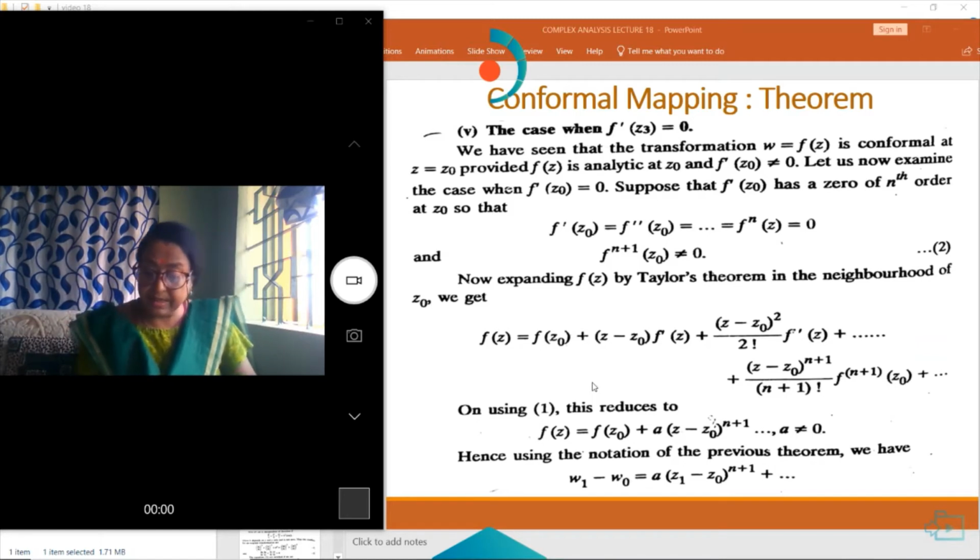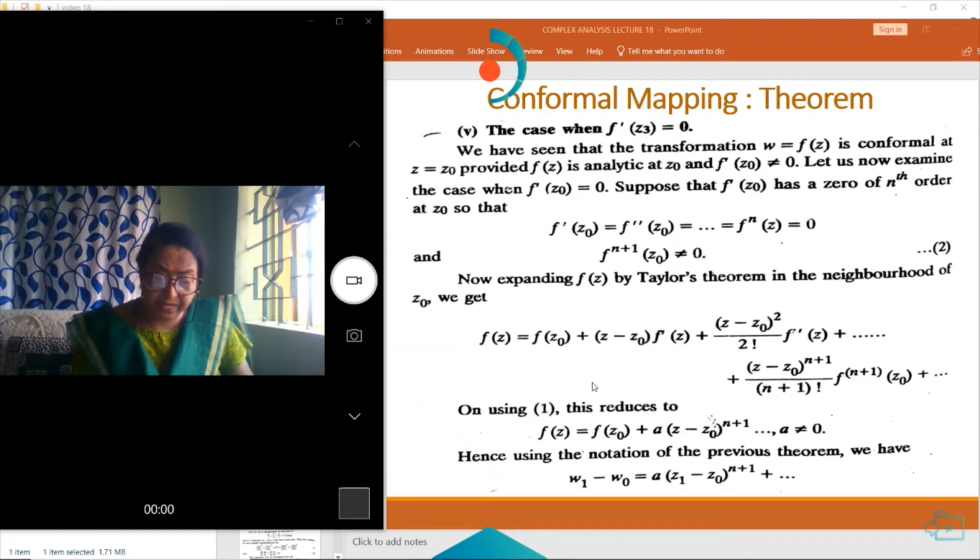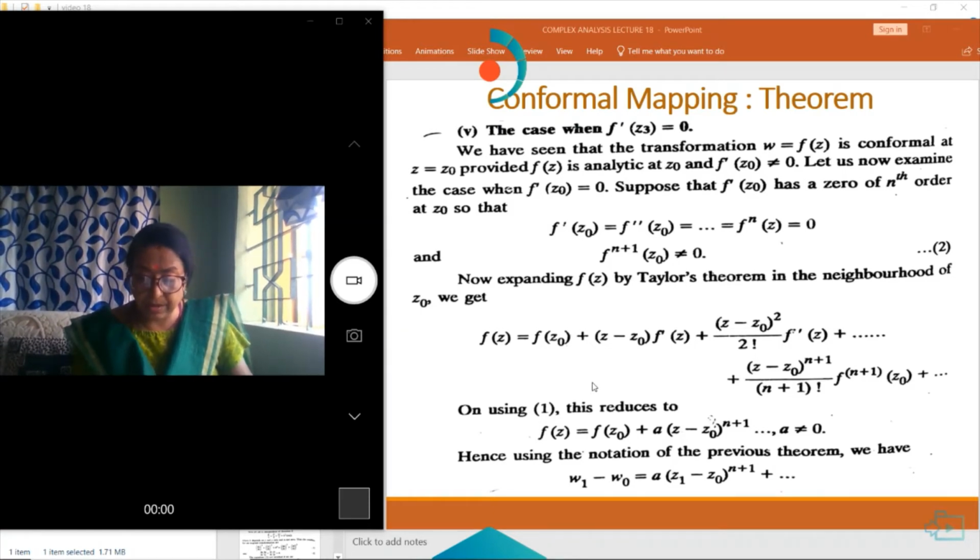Let us now consider when f dash z is equal to 0. Suppose that f double dash z0 is also equal to 0 up to the nth order. So f dash z0 is equal to f double dash z0 and so on, up to f n z0 is equal to 0, and now let f n plus 1 z0 be not equal to 0.